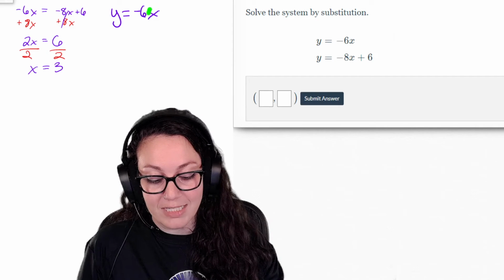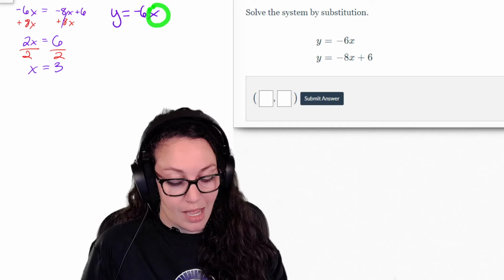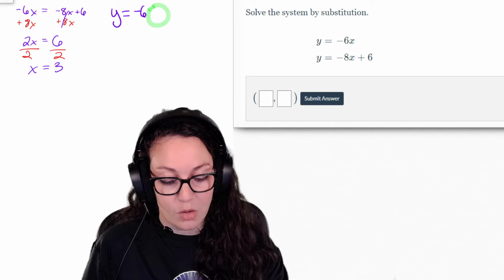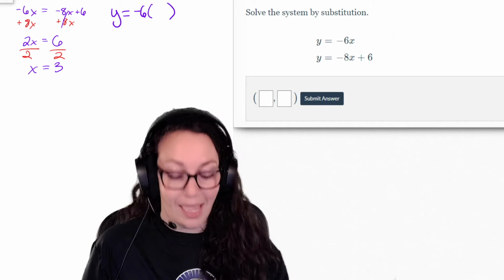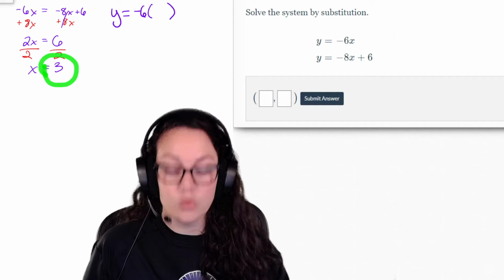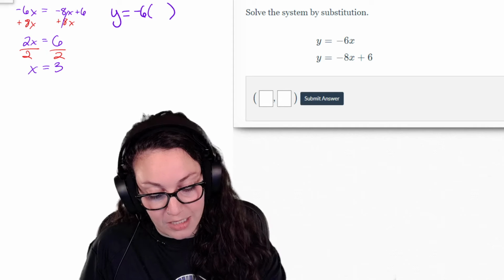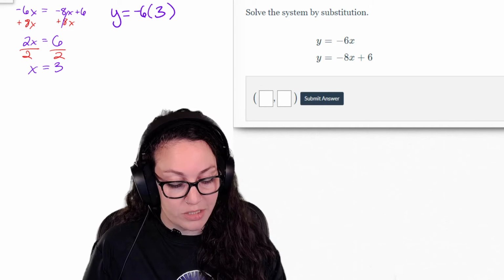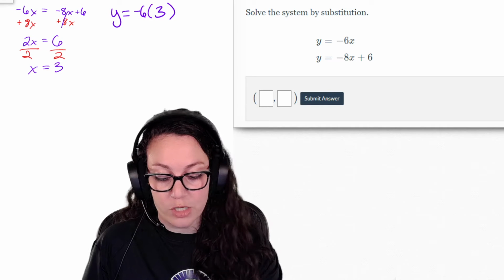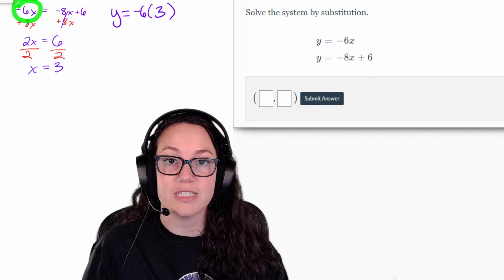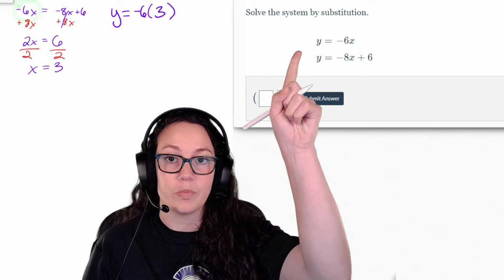So now, instead of this x, I'm going to replace that with a set of parentheses and fill in the value that I found for x in my first part. So that is 3. Once again, the original equation was y equals negative 6x, up here.